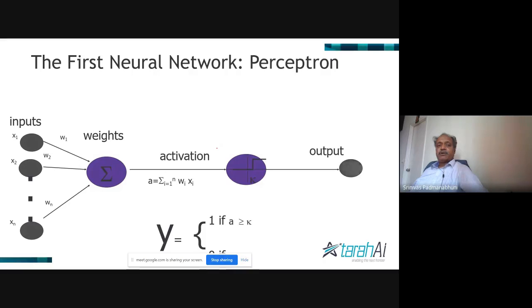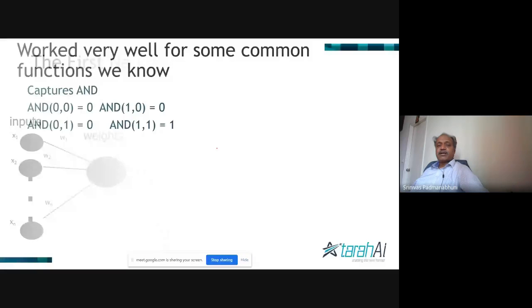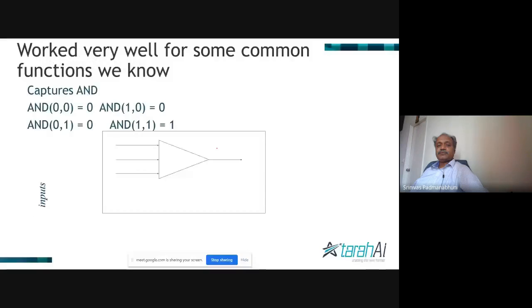This kind of a function was very good at capturing a lot of conventional operators. For example, if you look at the AND operator, you could find W1, W2, and W0 such that sigma of X and Y and 1, subject to the threshold function, will behave like an AND function.